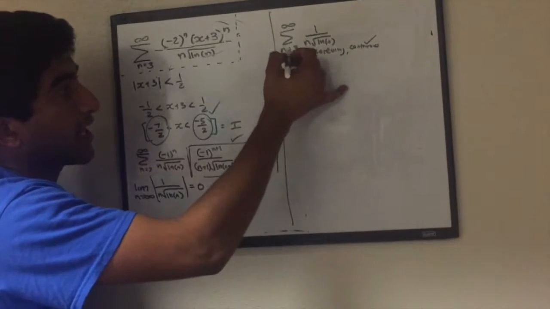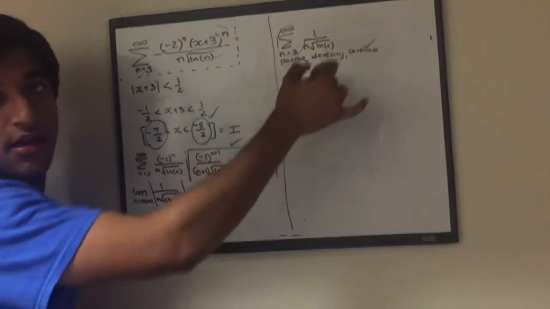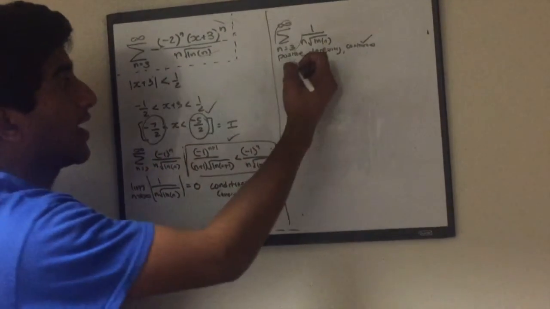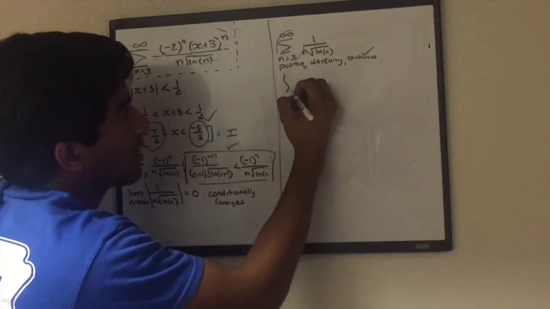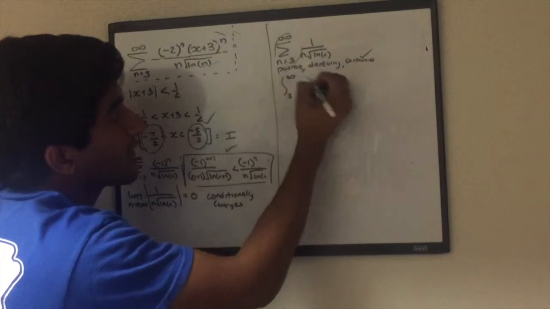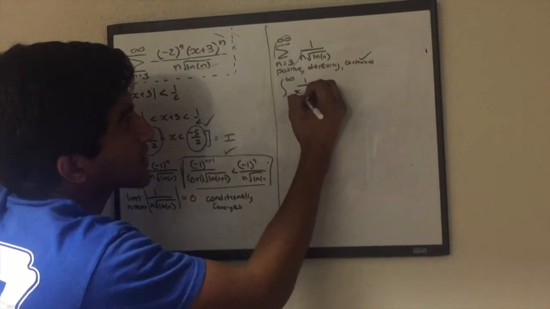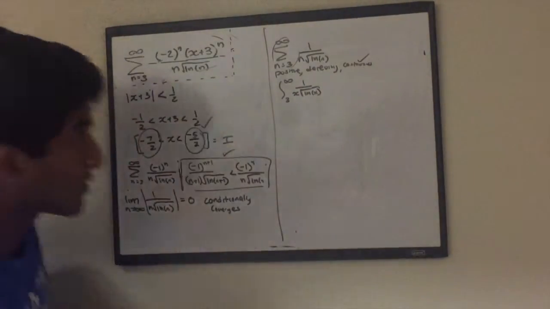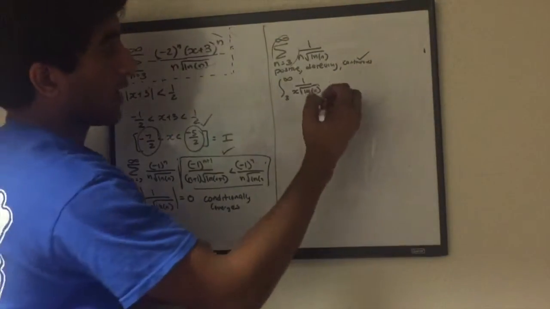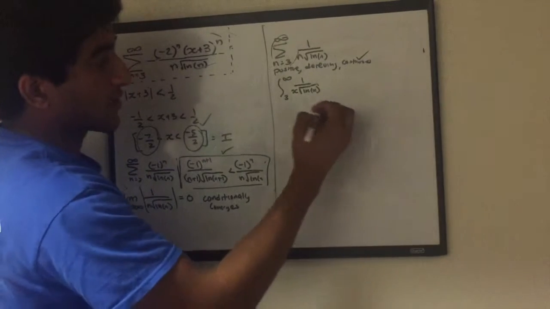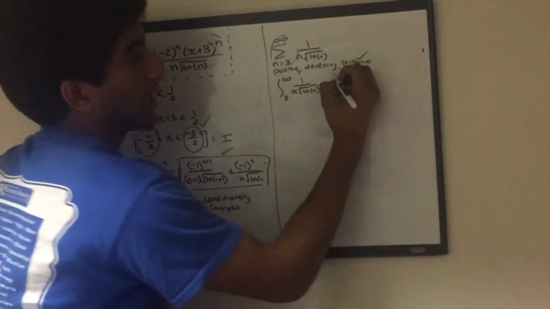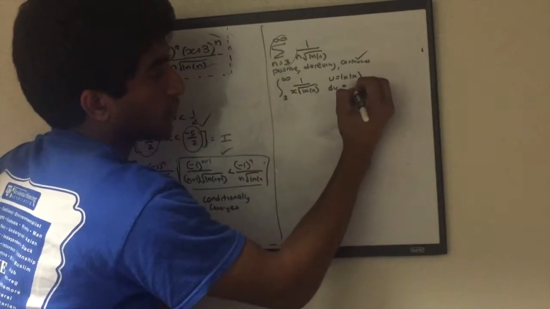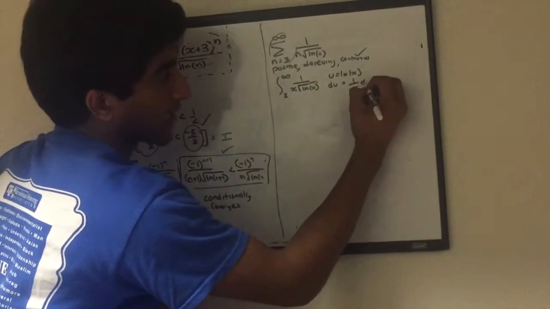Basically, we just take the integral of these bounds of a sub n, and so we can say the integral from 3 to infinity of 1 over x times the square root of ln of x. And so we'll use u substitution because there's ln of x and x, so u is equal to ln of x, du is equal to 1 over x dx.